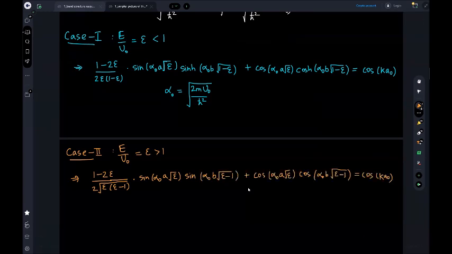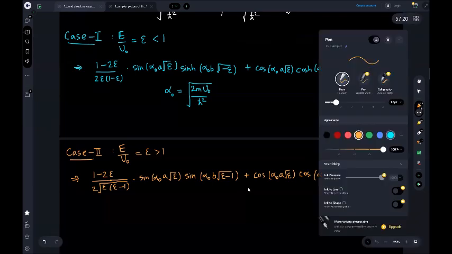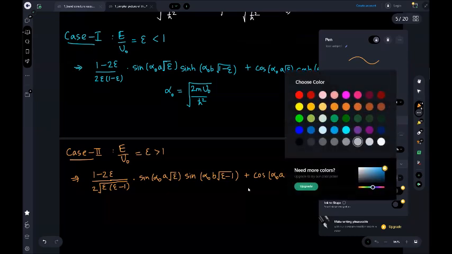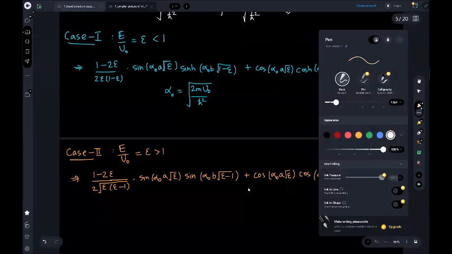So I have written down the equation for the two cases, and now we are going to plot this equation. You will understand why I have defined this epsilon here. The way that we are going to plot this is this.